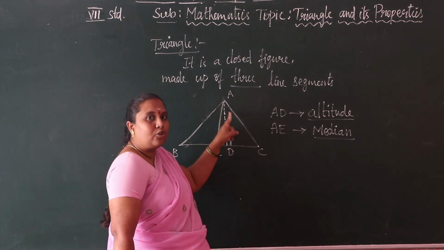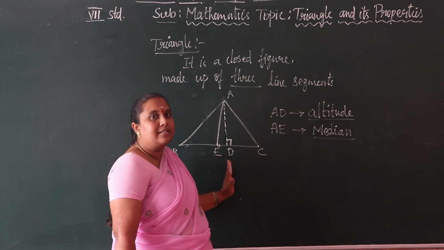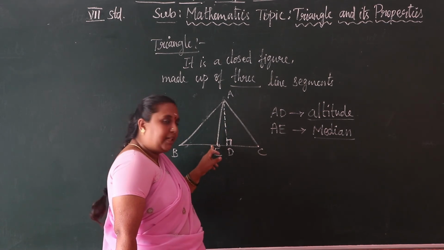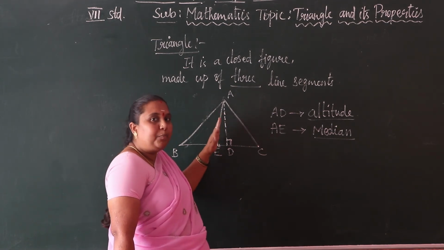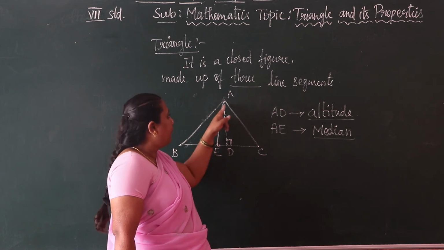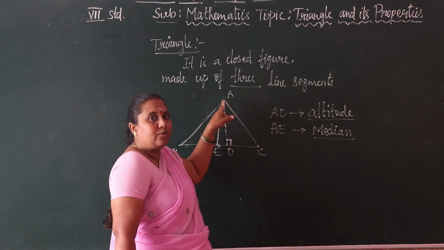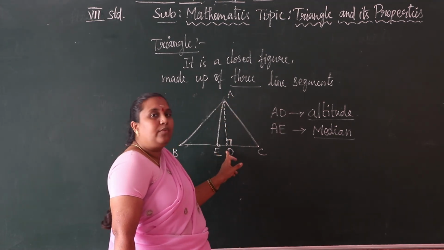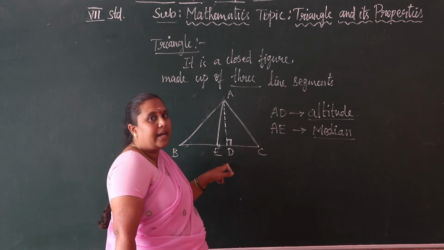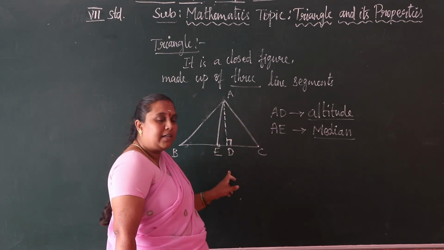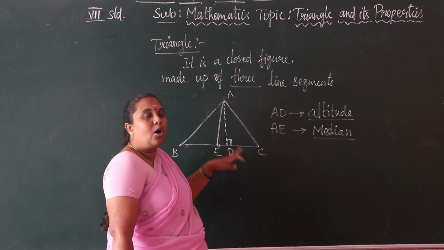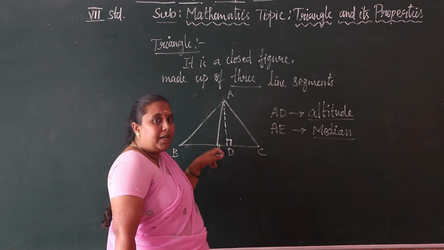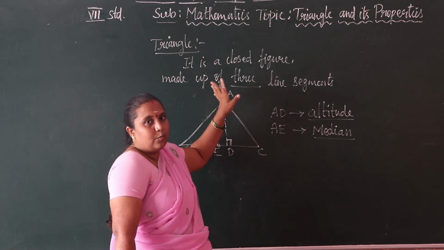Altitude is drawn perpendicular to the opposite side of the vertex, and median is drawn to the midpoint of the opposite side of the vertex.